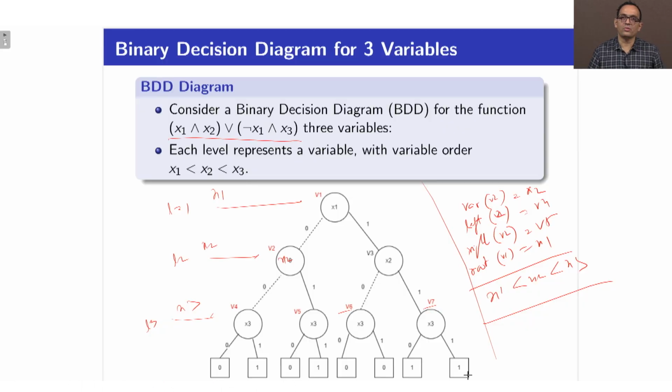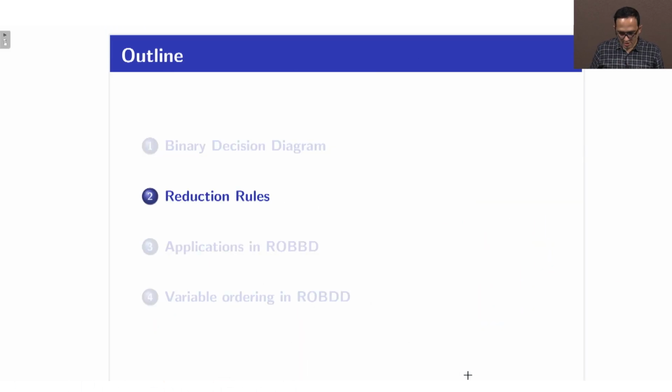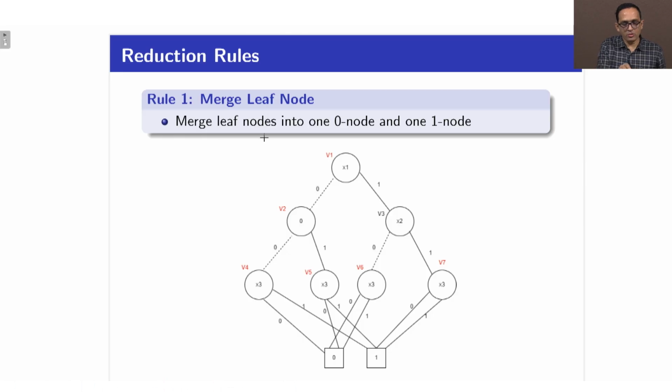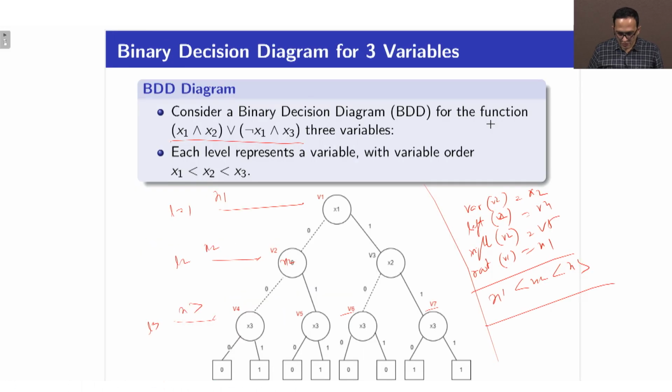There are 3 rules effectively. The first rule is very obvious: I am putting so many 0s and 1s, and I do not need to put all of that. I can put only one 0 node and one 1 node. So the first reduction is that you merge all the leaf nodes into one 0 node and one 1 node. What will happen effectively? I will put only one 0.